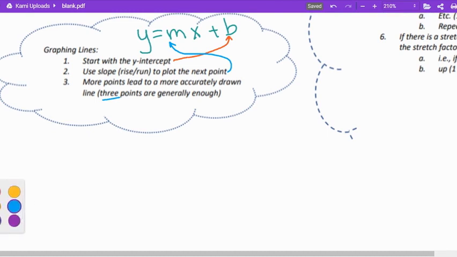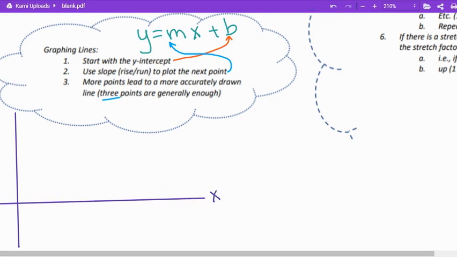Let me do a quick example. X-axis, y-axis. I'll do an equation. y equals -3 over 2 x plus 4. All right, so we start with the y-intercept, and the y-intercept in this case is +4.